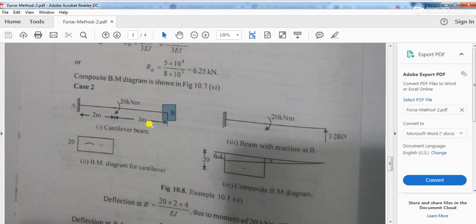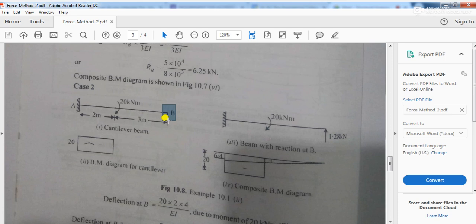Okay. So considering that, the second step is, you find out the redundant, then remove the redundant from the structure. Once you remove the redundant, the primary structure will become a stable and determinate structure. Once it has become a determinate structure, you should be able to draw its bending moment diagram very easily.